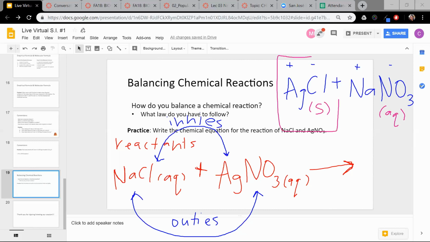So the white stuff that you saw was this newly formed compound, and that's why it's going to have a subscript solid under it. The liquid part was NaNO3, and since it was the liquid part, we're going to use the subscript aqueous to show that it was in solution. Okay, so I'm going to erase all this.